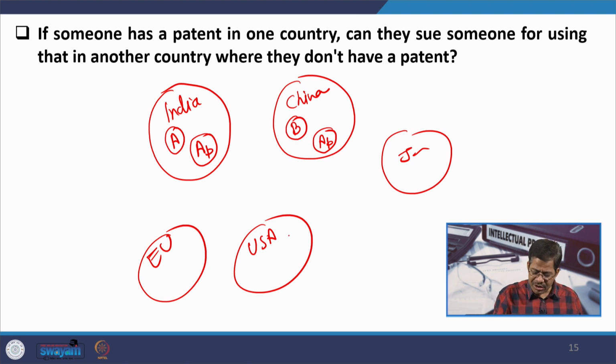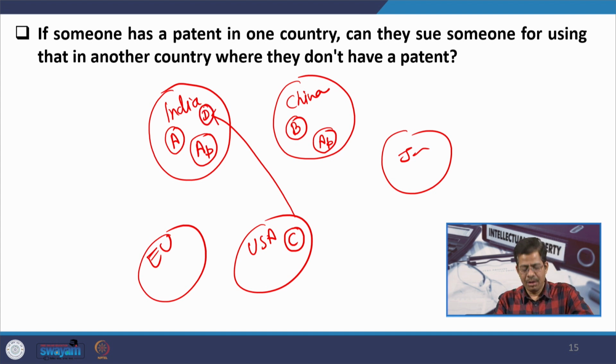Point number 2, it is also possible that somebody is company C in USA. Your IP is not registered in India, and therefore this company C in USA is using your technology in America. But now there comes an importer D in India, who is importing the product from company C. Since the product has come to India, now you can sue, because in India you have the exclusive right, so nobody else can take any commercial benefit of using this particular technology.